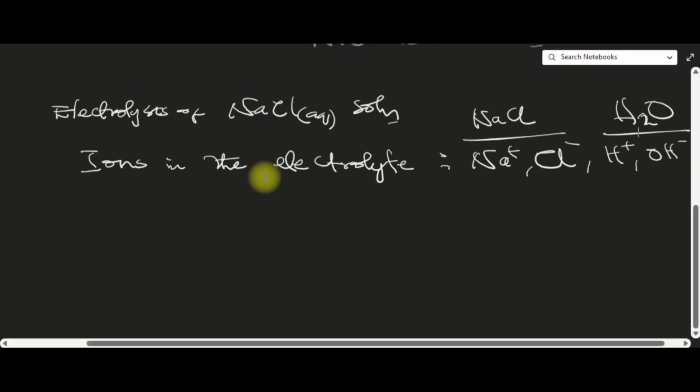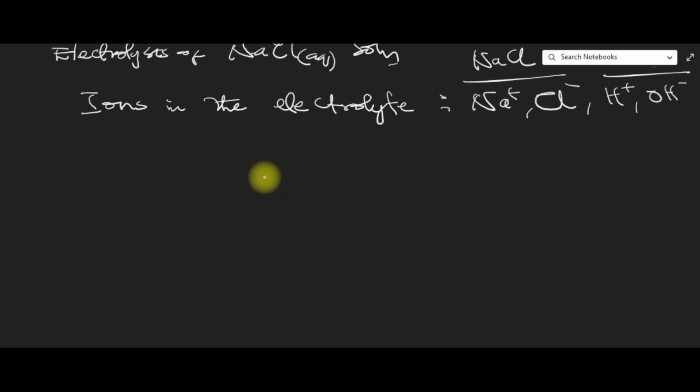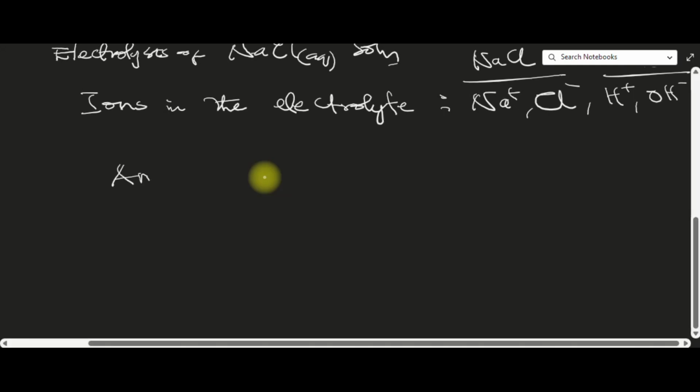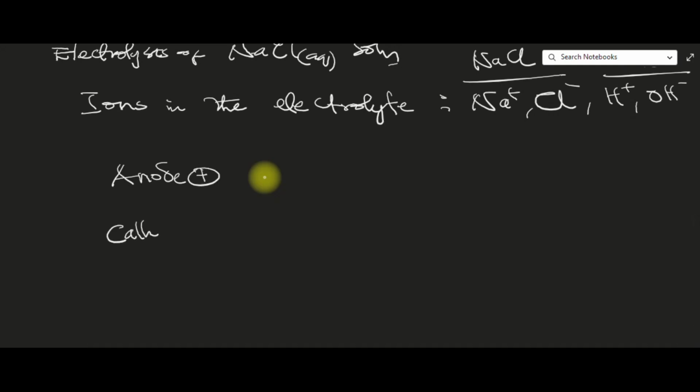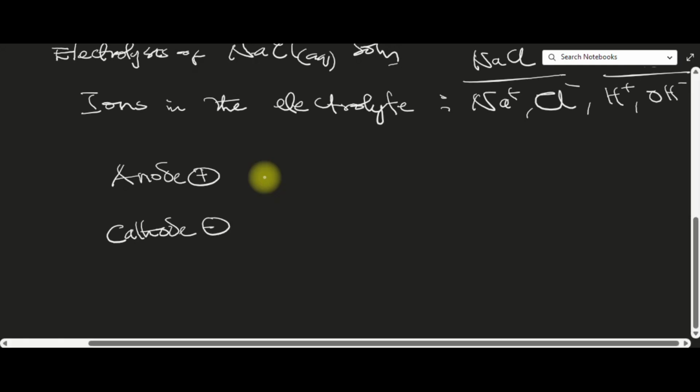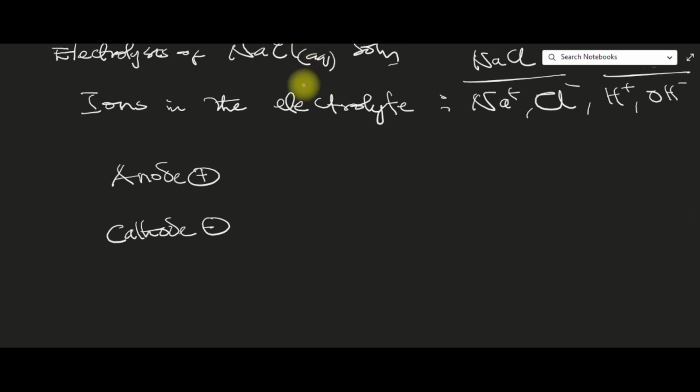Now, we have those 4 ions in the electrolyte. Remember, we have 2 electrodes. We have anode, which is our positive electrode, and cathode, which is our negative electrode. So our positive electrode will attract the negative ions, that is, the ions that will go to the anode are Cl- and OH-.